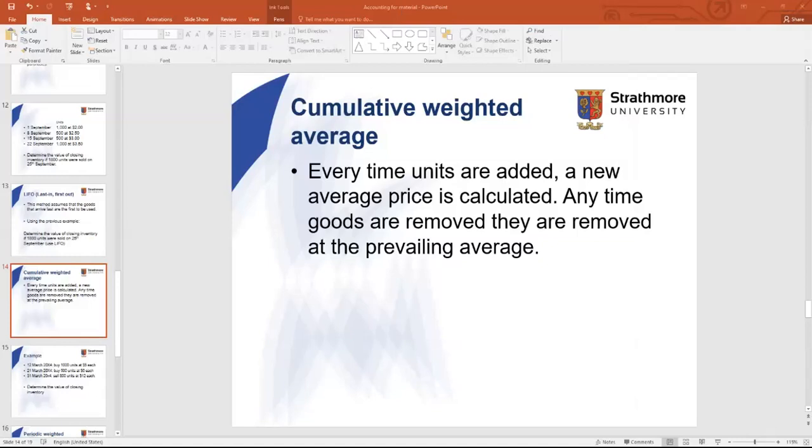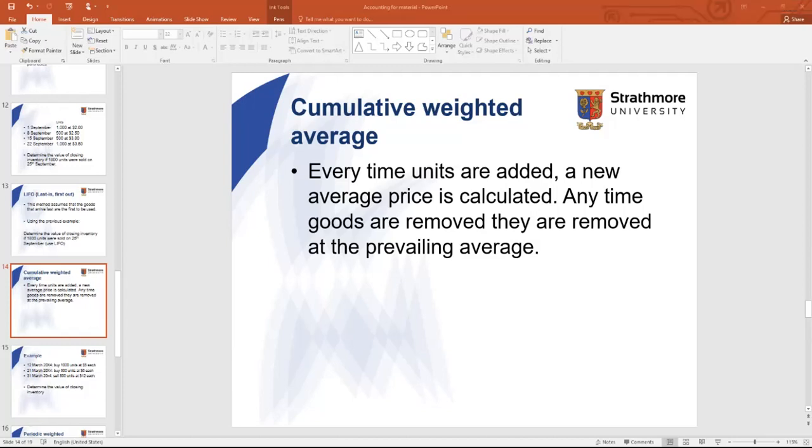Every time that you're making a sale, for example, we are going to first determine the average price of the commodities that we are acquiring. Then the value per item you're going to be selling is the average price as at that point in time.